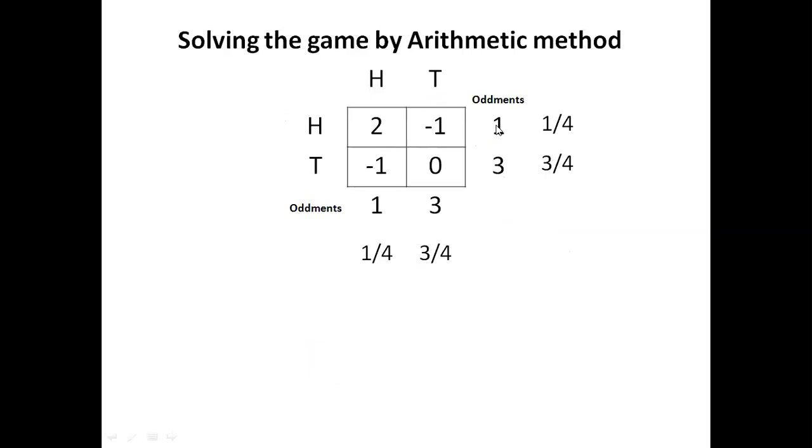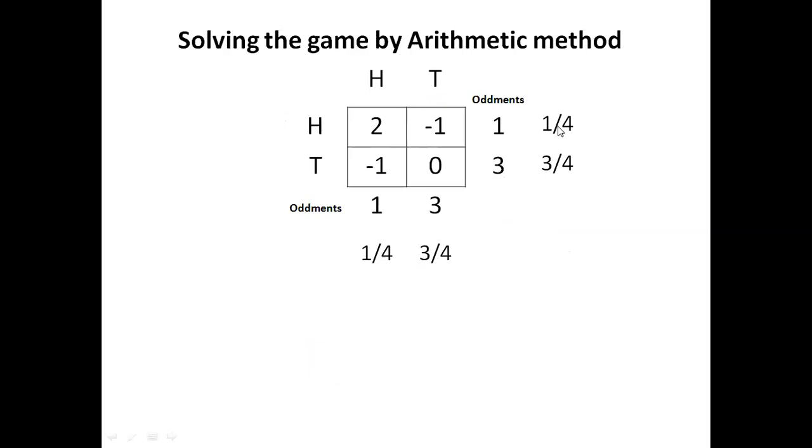Here, when player 1 is playing two strategies and at the same time player 2 is playing a single strategy, the outcome is 2 and minus 1 for player 1. The 2 rupees he wins will be won in this much proportion.